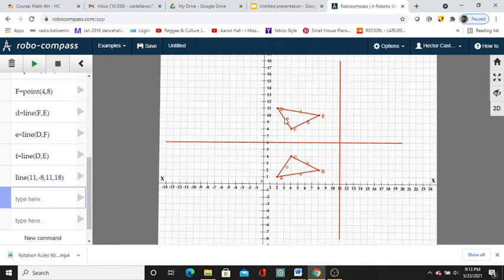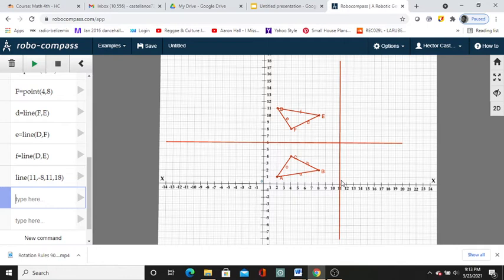So for right now, I'm going to be using different letters, and they will be G, H, I. So let me start with A to be reflected, and that will come way on this side. So point A was 2 and 1.